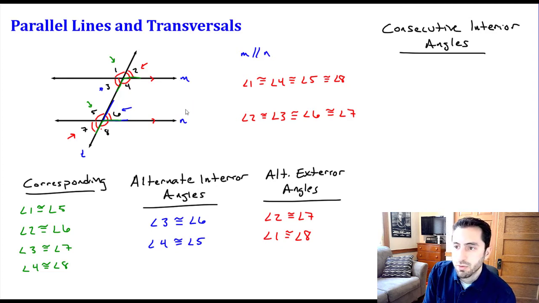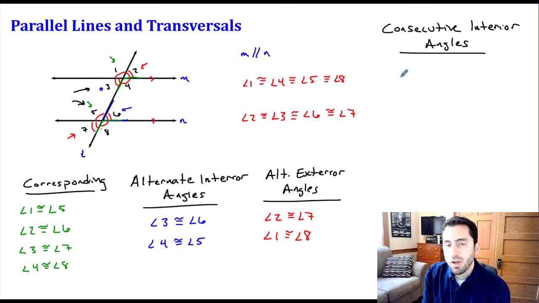So for example, these two angles, they're both on the inside and they're consecutive. It's one after another as I move around. In this case, these two angles are not congruent to each other, but by taking a look at the relationships we have, they're actually supplementary.